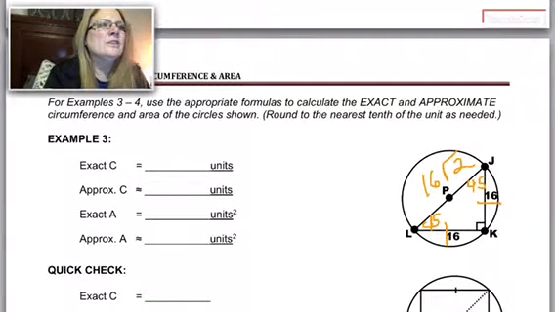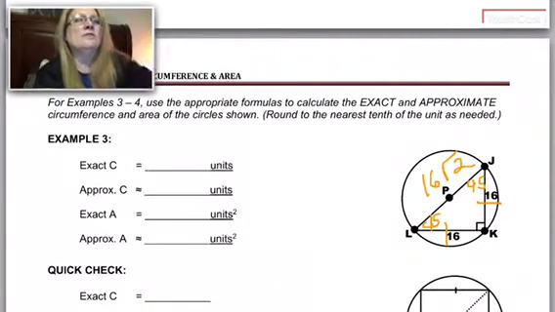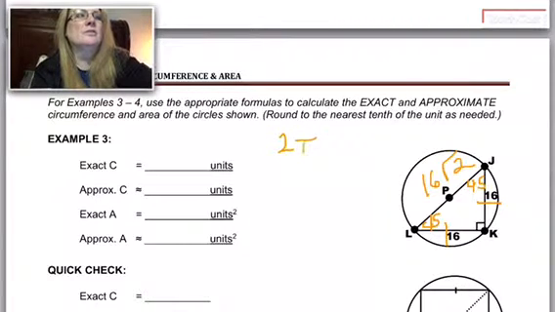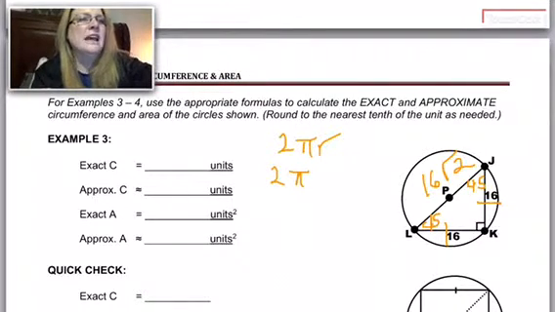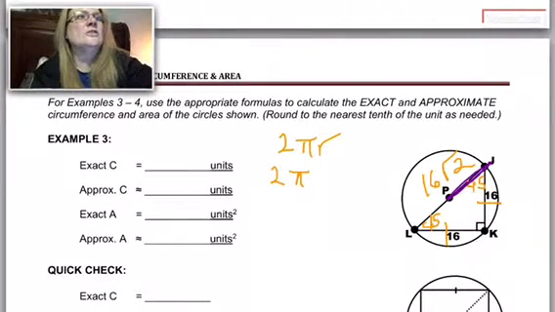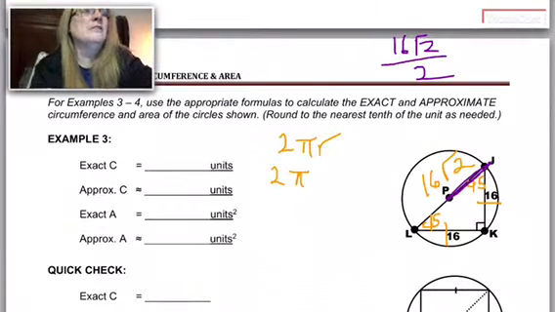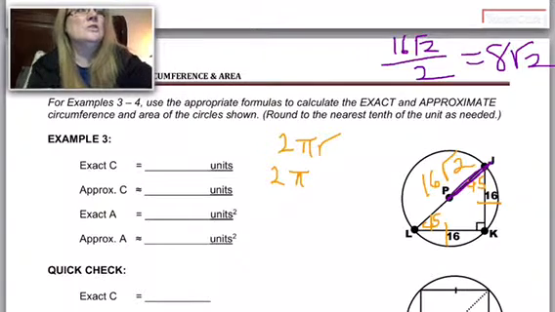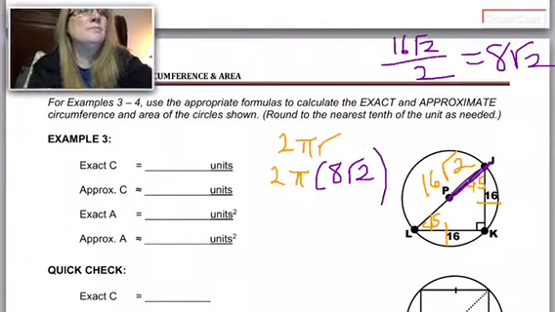So here in this case, the circumference is 2 pi r. So 2 times pi times the radius. Well, the radius is half of the diameter. So 16 times the square root of 2 divided by 2 is 8 times the square root of 2. So 2 pi times 8 times the square root of 2.